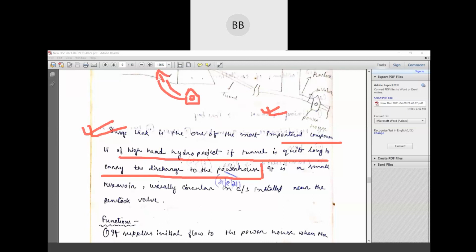I think you remember that. We have already discussed. That's why it's written, when the tunnel is quite long, then only we need a surge tank. Otherwise, if we can install our powerhouse near the dam, then our reservoir itself behaves as a surge tank.